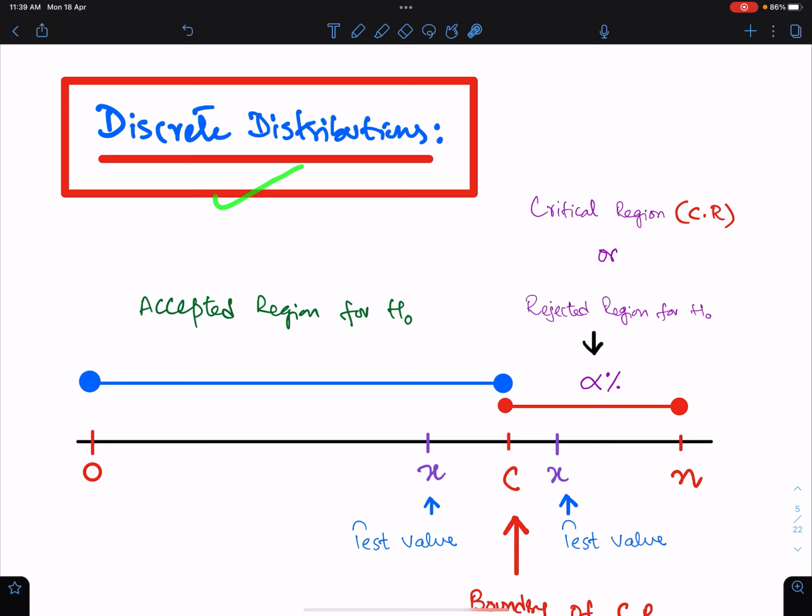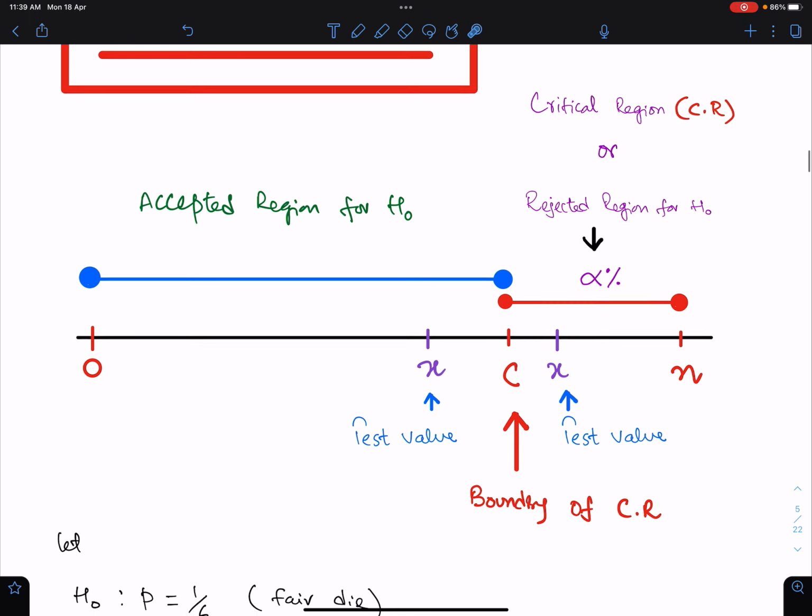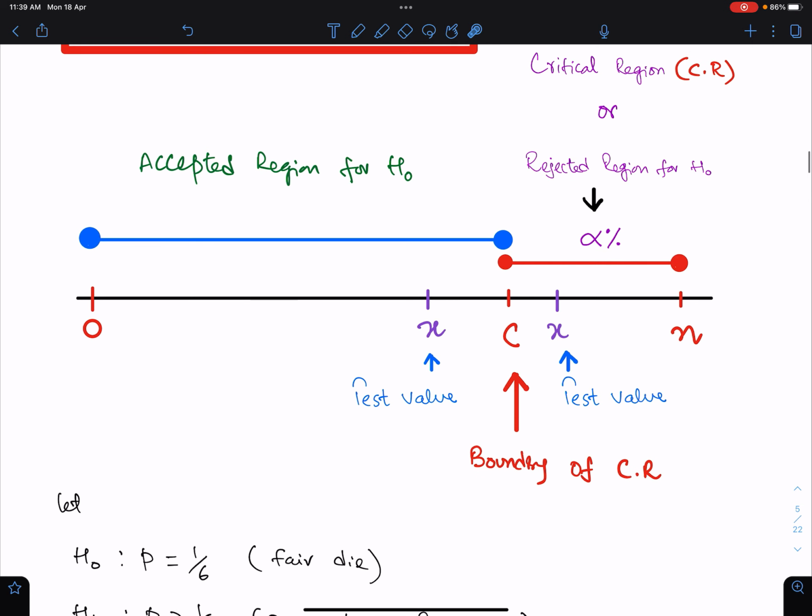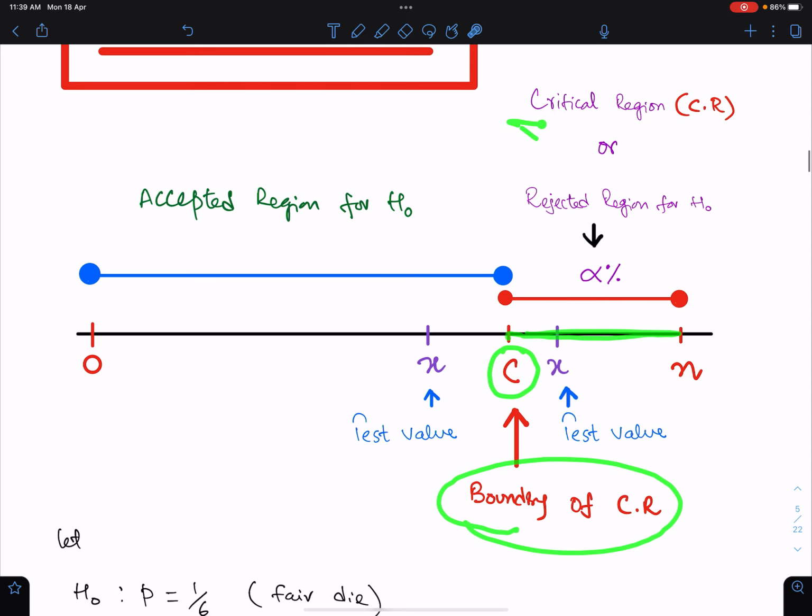Discrete distributions. This is the upper tail test. This C means boundary of critical region. And after this C, the region is known as the critical region or CR, or rejected region for H0. Here we reject H0. And this alpha percent is the probability of this region.